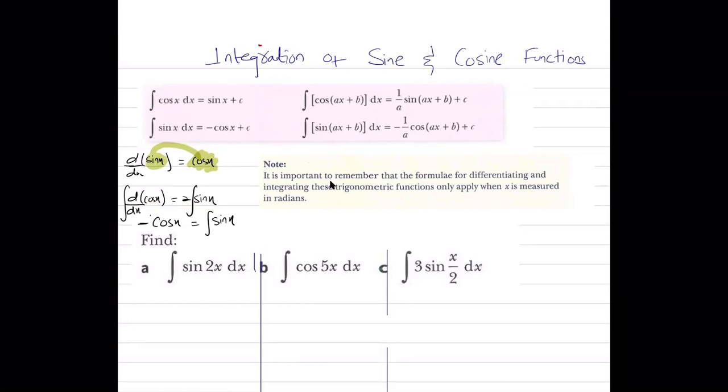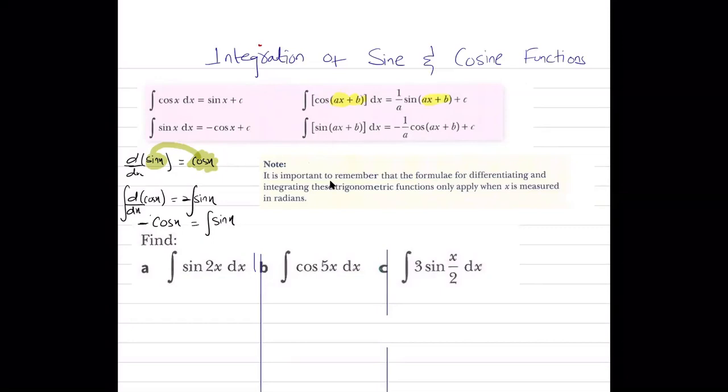So extending this concept, if you have cos of ax plus b, then you need to understand that the integration of cos is going to be sine. So if the function was cos ax plus b, the integration is going to be sine ax plus b divided by the differentiation of the angle.